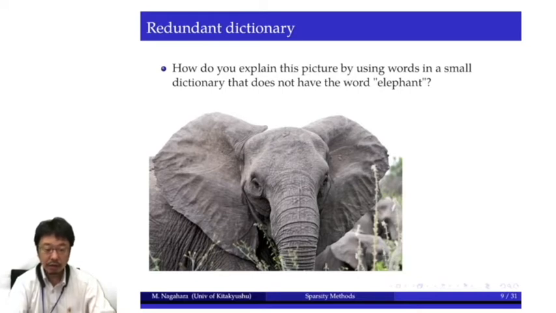However, if you have a very big dictionary with millions of words, you just say, this picture shows an elephant. That is, if you have a bigger dictionary, you can say something with less words. This is why a redundant dictionary is important for sparse representation.